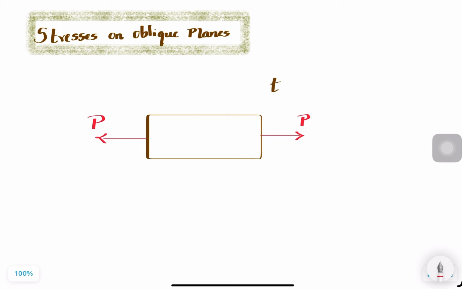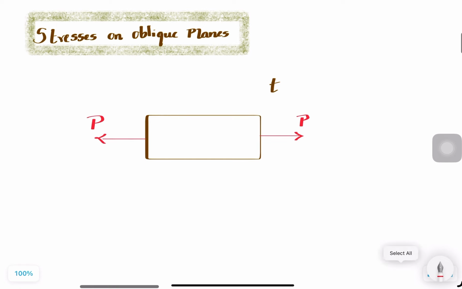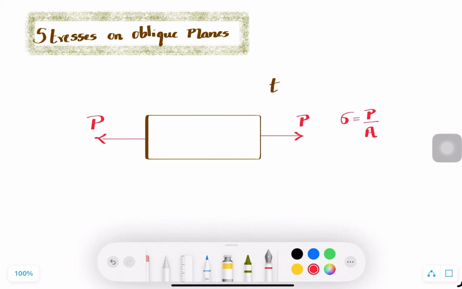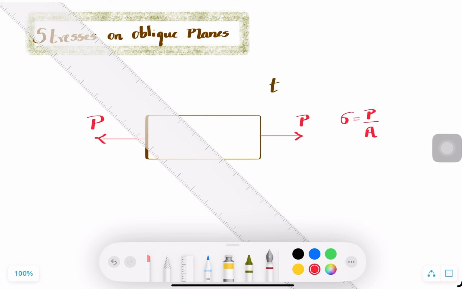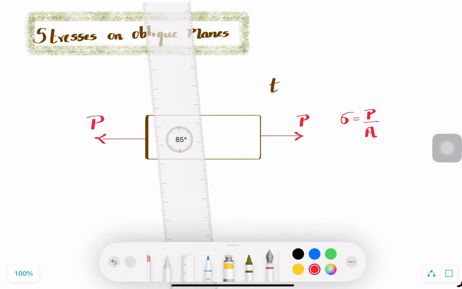I can define stress safely. I can simply say stress is load divided by cross-sectional area. The cross-sectional area, in our case, is the height into thickness. Let me mention that very clearly. The cross-sectional area is the height, well, it is this distance into thickness.